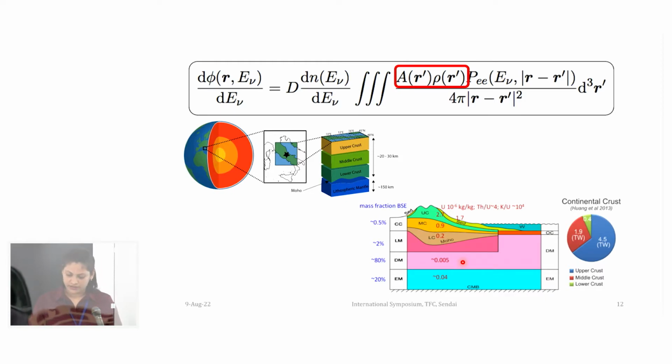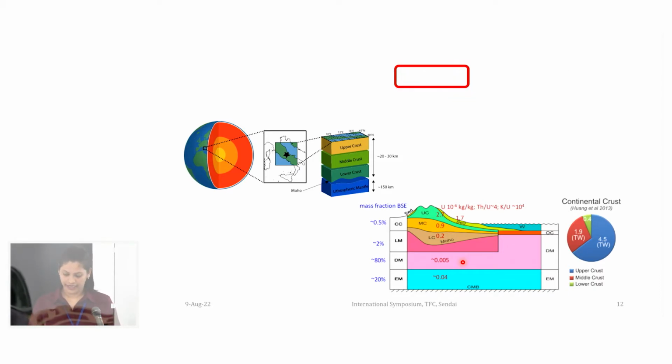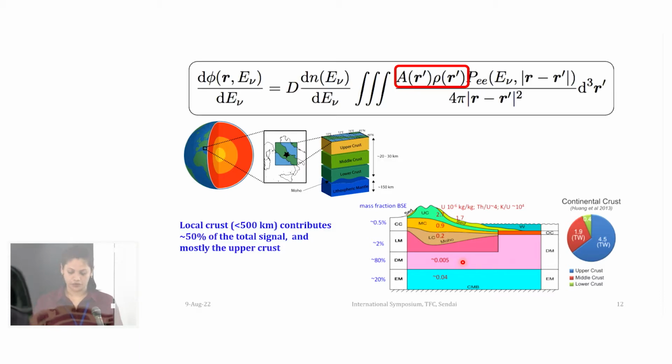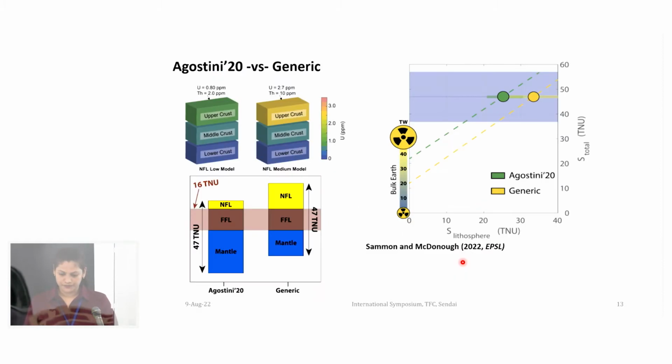And also, not just the crustal component will have a major contribution, but the upper continental crust will have the major contribution. So it is really important to not just know the nearby crust, but to precisely know the upper crustal composition. Here I'm trying to make a comparison, which was given by McDonough and Sammon, comparing the Agostini model in 2020 with a generic model.